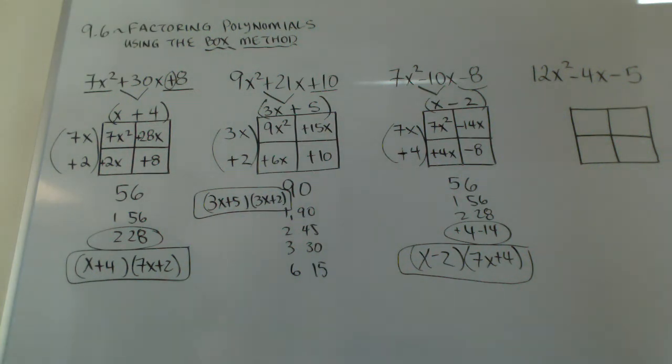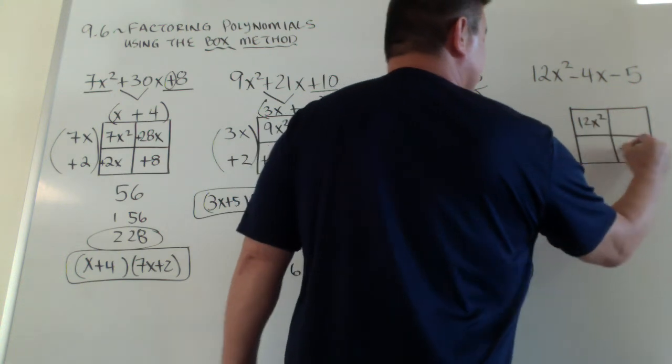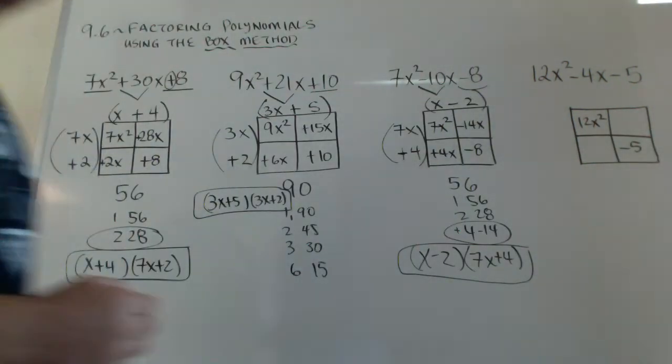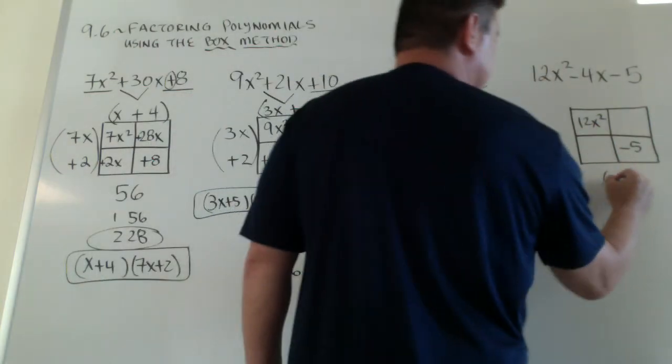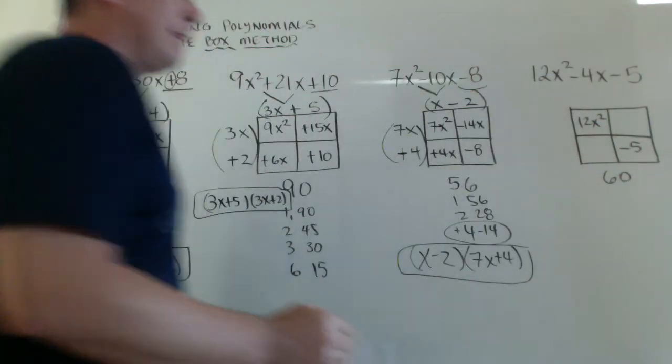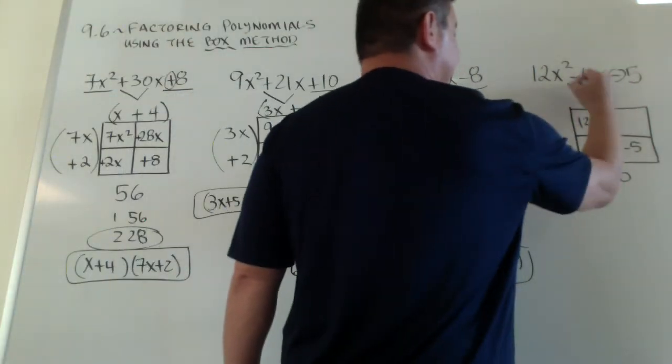So that's another one. And then the last one, another negative: 12x squared, and put the minus 5. That's the easy part. Now I multiply the 12 times 5, and I get 60. Because there's a negative here, I need a difference of negative 4.